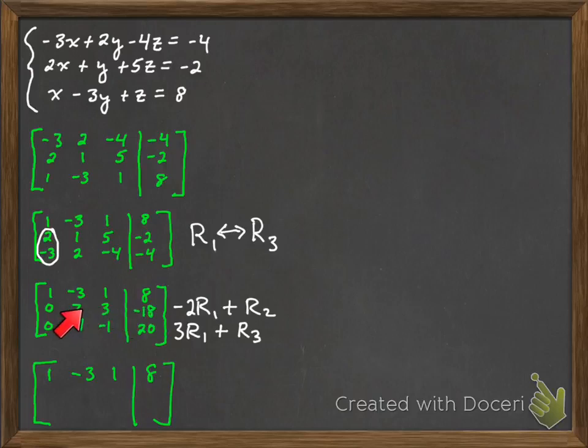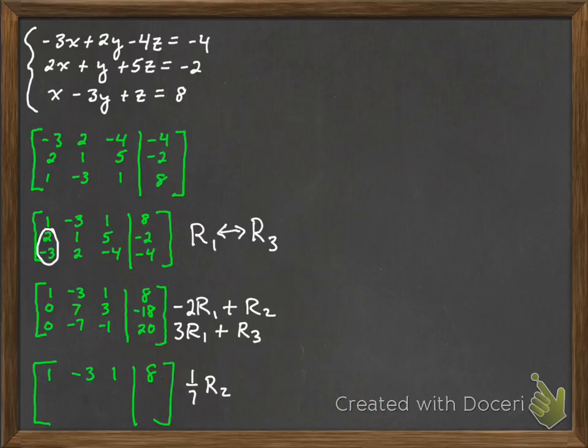Or, in other words, multiplying by 1/7. All right, so we're going to take 1/7 and multiply that by row 2.